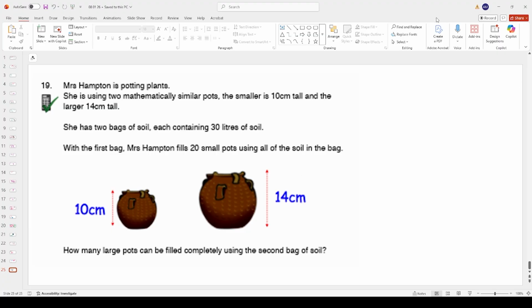So who's setting up a table, a lab table?